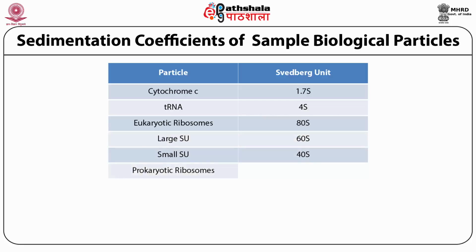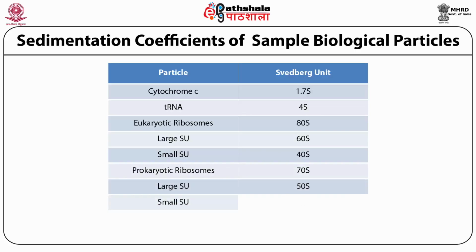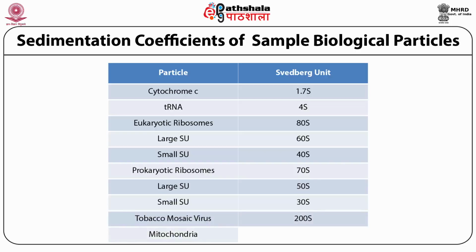Similarly, the prokaryotic ribosome is 70S, with a larger subunit of 50S and a smaller subunit of 30S. A bigger molecule like the tobacco mosaic virus has an S value of 200S, and the mitochondria have 20,000 to 60,000 S. These are the S values usually used for calculating or measuring the properties of biological molecules.